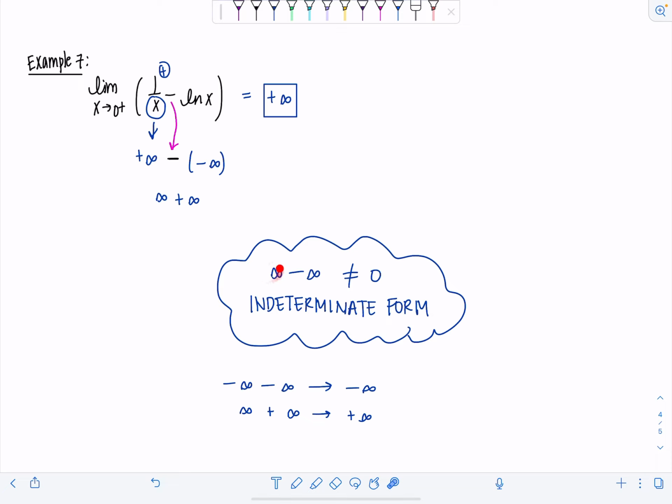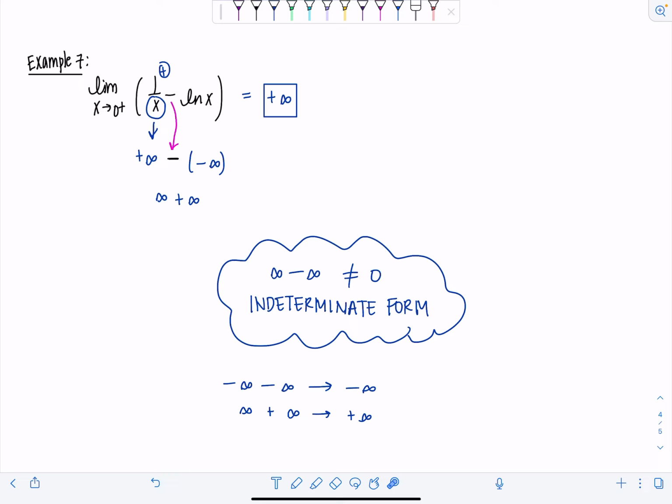Is it the first one? Is it the second one? Or are they growing at about the same rate? Because this limit may end up being 0, or it might end up being some other constant, or it might be infinity, or it might be negative infinity. That's why it's called indeterminate, because we cannot determine it the way it's currently written.